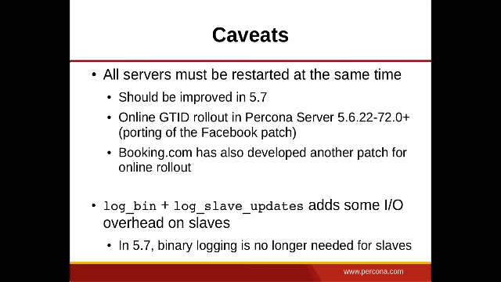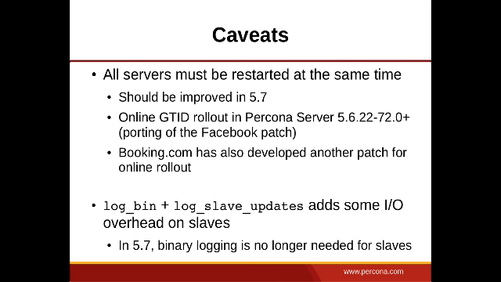And this is a hard requirement, which means that it is not possible, for instance, to turn on GTIDs on the slaves and not on the master, and then do a rolling restart or things like that. It doesn't work. So you have to stop all the servers at the same point in time, which means downtime, which is bad.